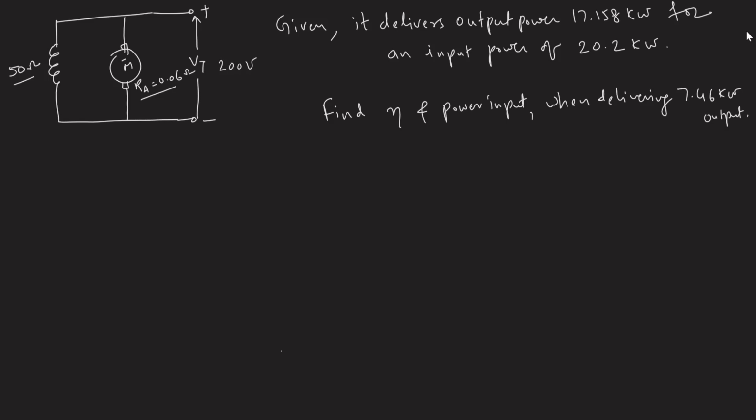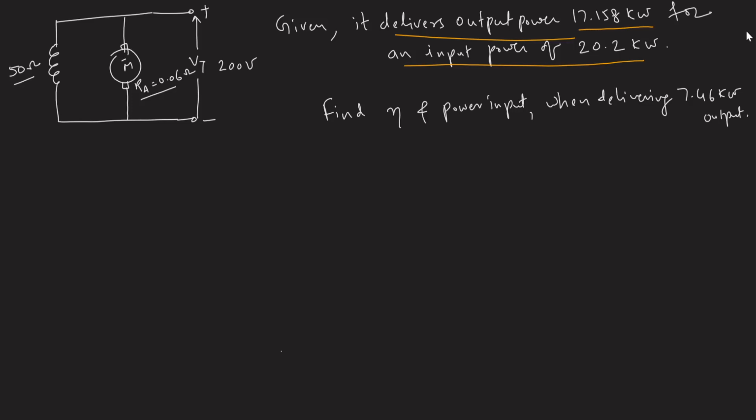Given that it delivers an output power of 17.158 kilowatts for an input power of 20.2 kilowatts. So given output power and input power, we know the losses at this condition.